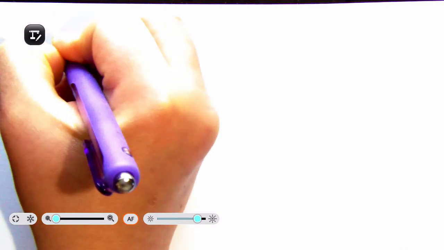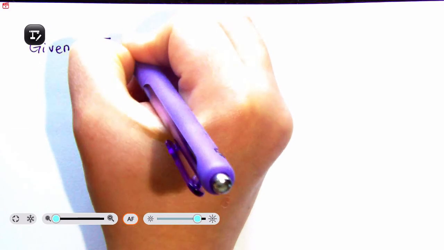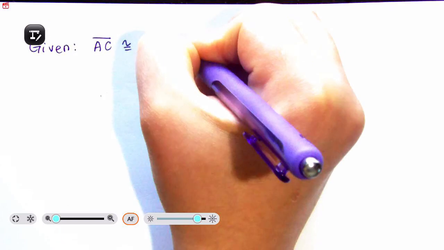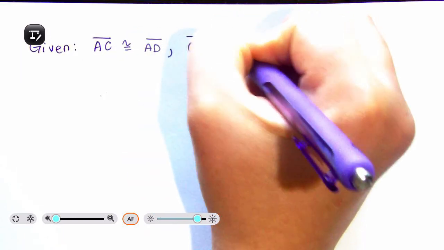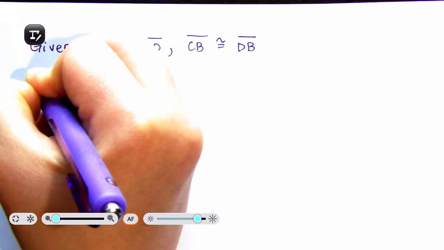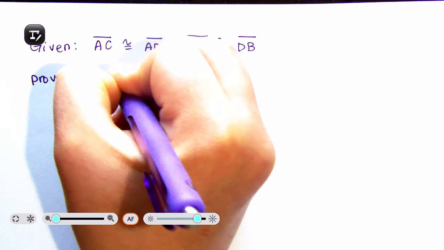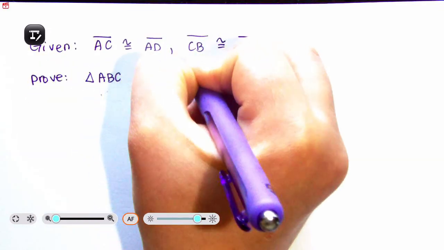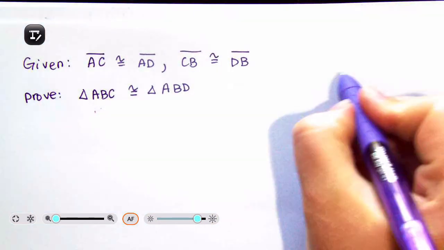All right, example 2, you are given segment AC is congruent to segment AD, comma, segment CB is congruent to segment DB. We want to prove that triangle ABC is congruent to triangle ABD. Now you cannot do much unless you have a picture.